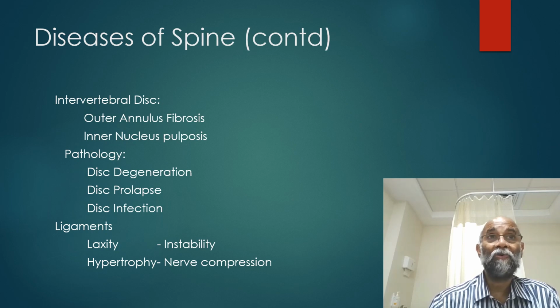Abnormalities of the ligaments involve an excessive laxity of the ligament, which might result in instability of the vertebrae, or a chronic, long-lasting instability might result in hypertrophy of ligaments, which can produce neurological compression.